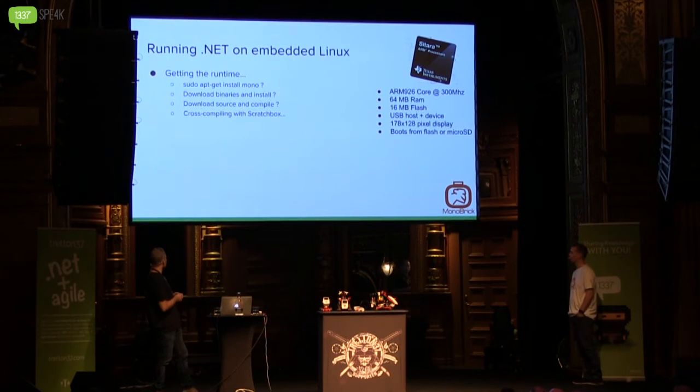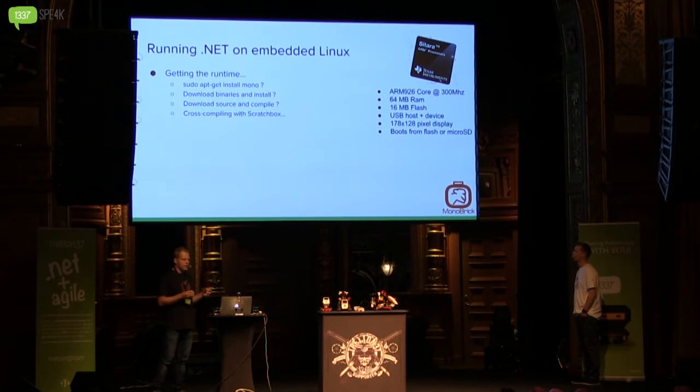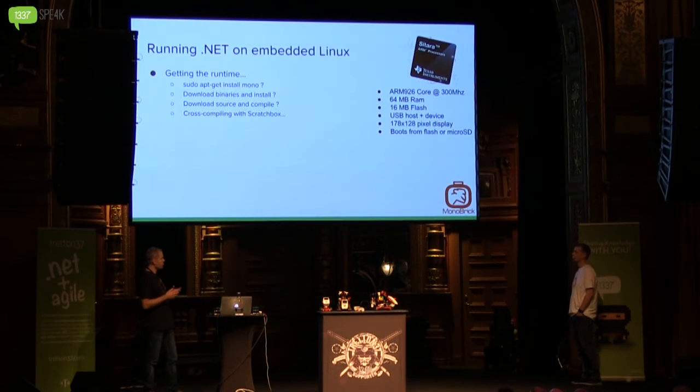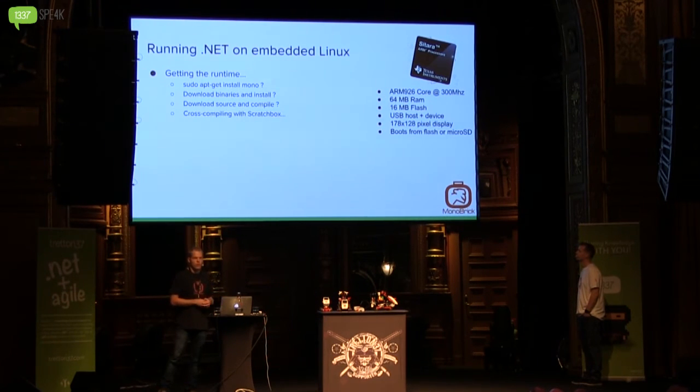But luckily, there's a tool called Scratchbox, which is a cross-compilation environment that is able to compile for another target and then afterwards execute the programs. It emulates the target environment, and with this, it's actually possible to compile the Mono framework and everything. This is how we managed to compile the framework on a desktop PC, and then we could move it onto the EV3.